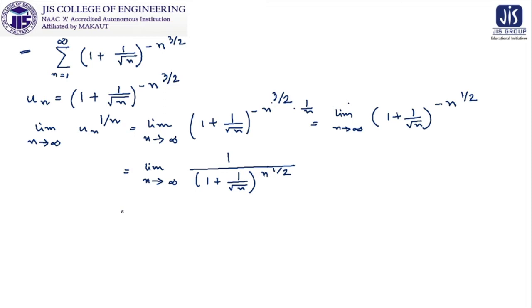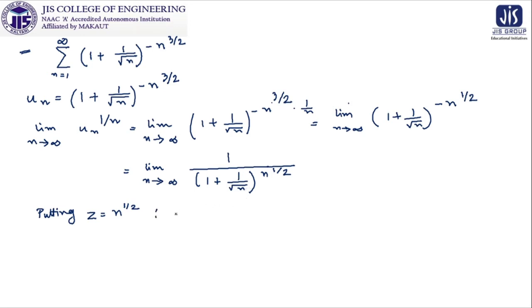Now from series, basically we need to use the concept of standard limits. So what we are doing, we are putting z equal to n to the power half, because we are getting n to the power half twice. Here is n to the power half, and there is another n to the power half, that is root over n.